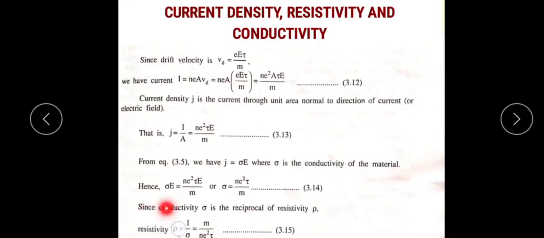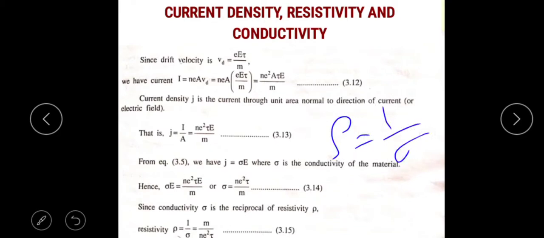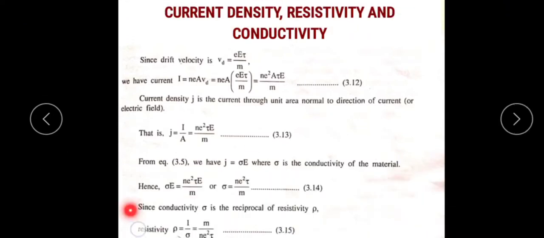Since the conductivity sigma is the reciprocal of resistivity, as already learnt in the last topic, resistivity is the reciprocal of conductivity, and conductivity is the reciprocal of resistivity. So rho is equal to 1 by sigma.